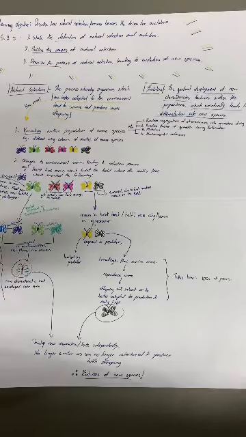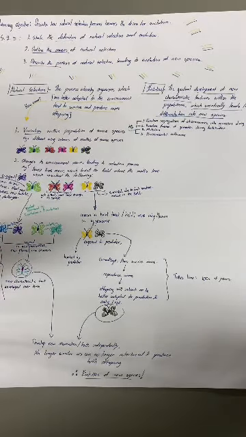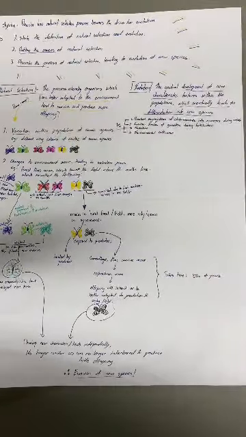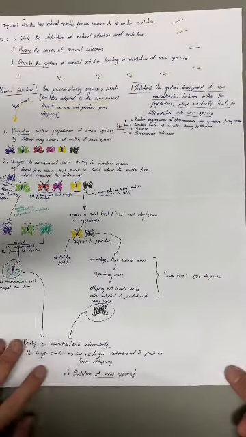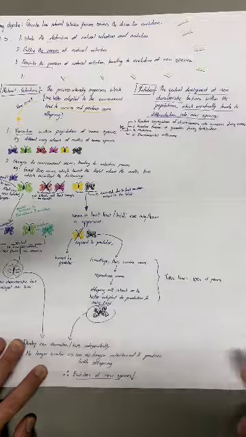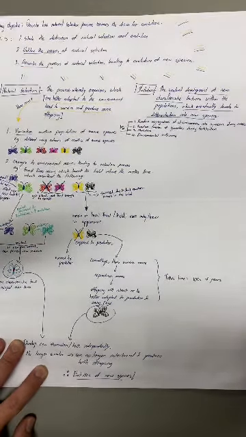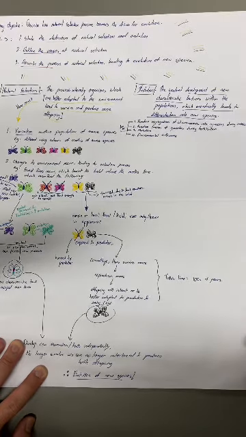And what is evolution? It is the gradual development of new characteristic features within the population, which eventually leads to differentiation into new species. So essentially, evolution is how the changes will eventually lead to the development of new species.